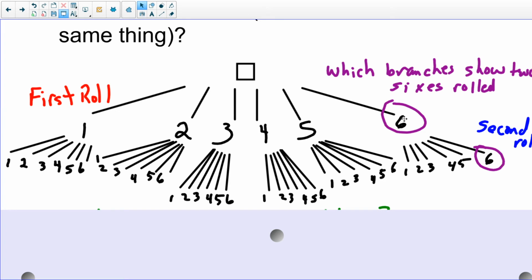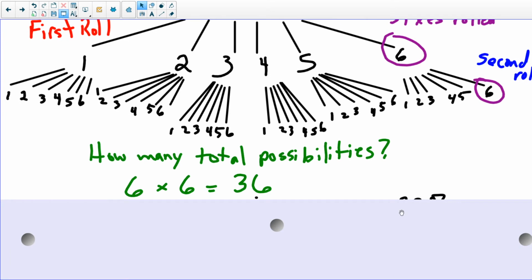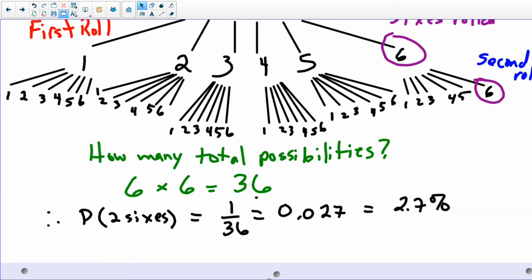This is considered one success. So there's one success out of the total of 36. And that means the probability of rolling 2 6s is 1 out of 36. And 1 divided by 36 is approximately 0.027, which is 2.7%.